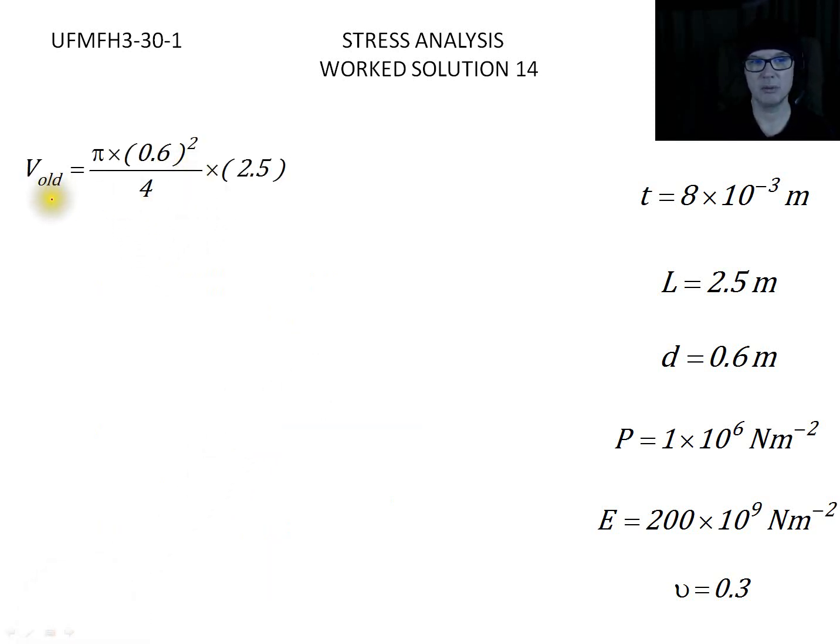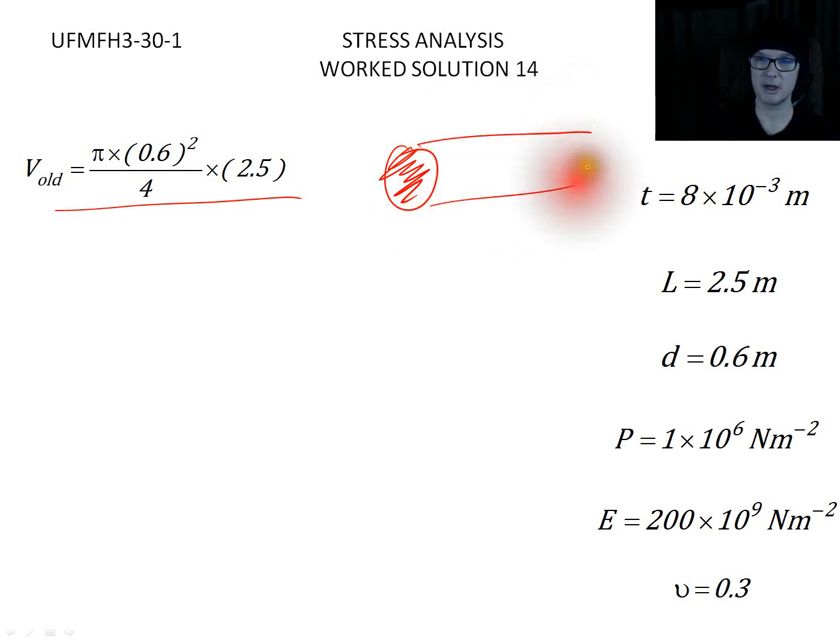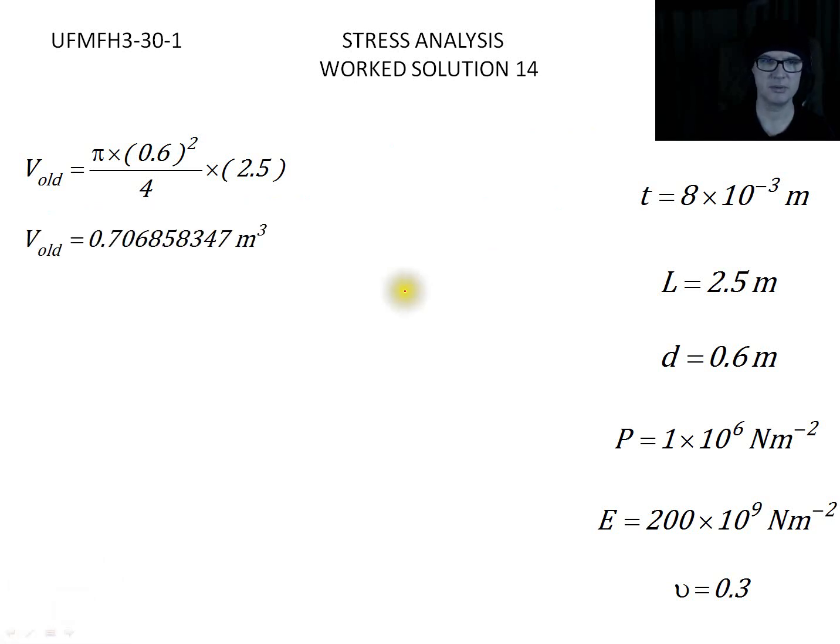So now we're going to go back and work out what the volume is based upon the cross-sectional area. That's going to be pi d squared divided by 4 times the length, which is 2.5. So that's the volume in its unpressurized state. Again, write out all the figures you've got available in your calculator. Do not round.